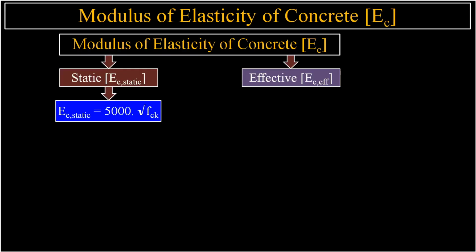This is the instantaneous stiffness when the load is first applied. For typical calculations, the static modulus is estimated using the formula, EC static equals 5,000 times the square root of FCK, and FCK is the characteristic compressive strength.